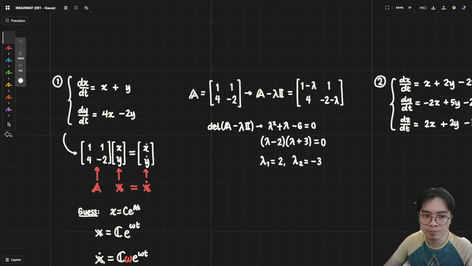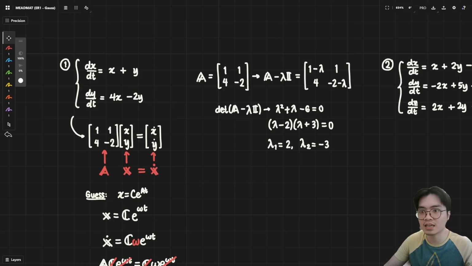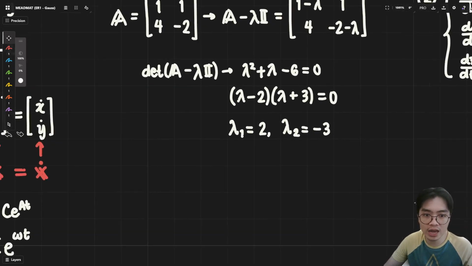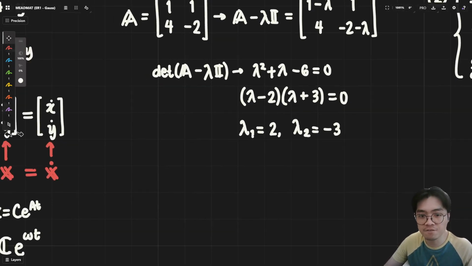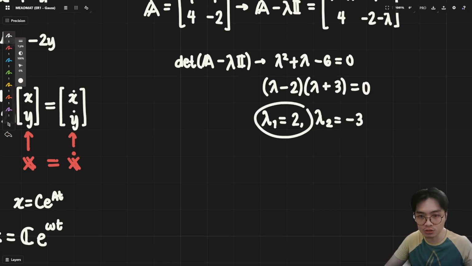We can imply from this that there are n possible eigenvalues for an n by n square matrix. So in number 2, we will expect 3 eigenvalues. From the eigenvalues, we can now get each eigenvalue's unique eigenvector.